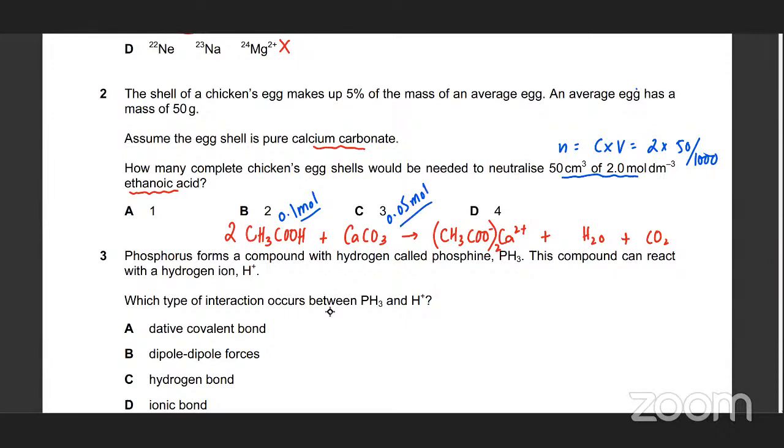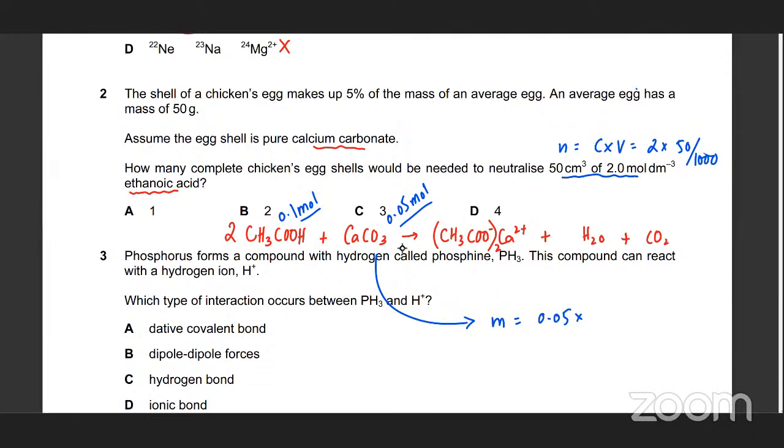So we've figured this out that we need 0.05 moles of calcium carbonate. That is what we are looking for. So 0.05 moles of calcium carbonate, and we can find the mass of this. How do you find the mass of calcium carbonate? What's the formula of mass? It's moles multiplied by the MR, which is going to be 0.05 multiplied by the MR. So that's 40 plus 12 plus 16 into 3.